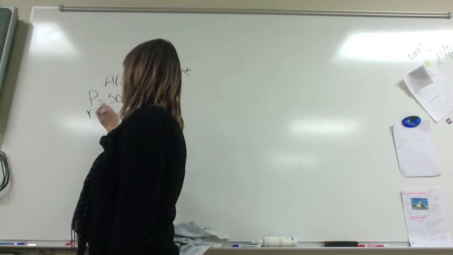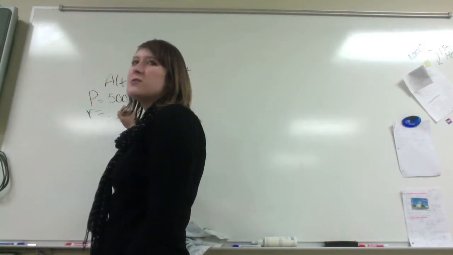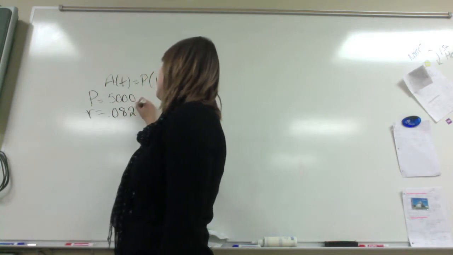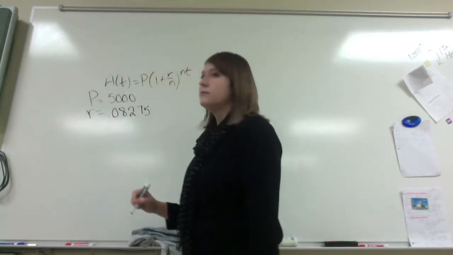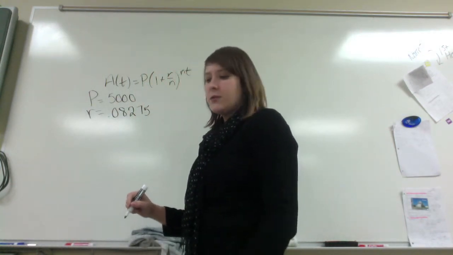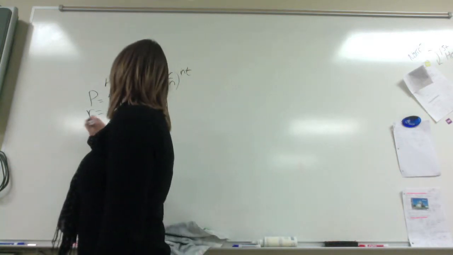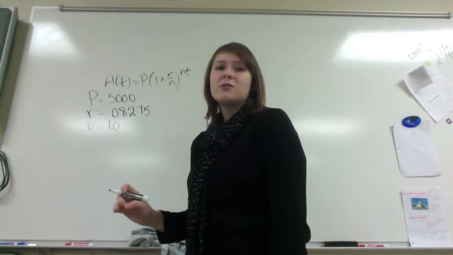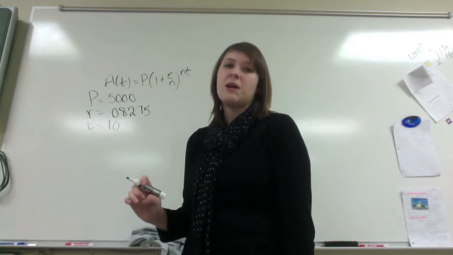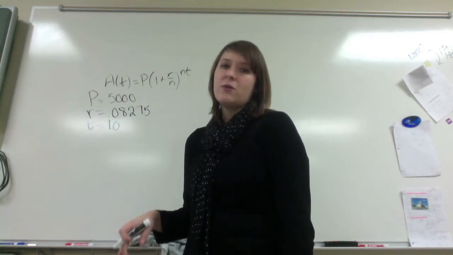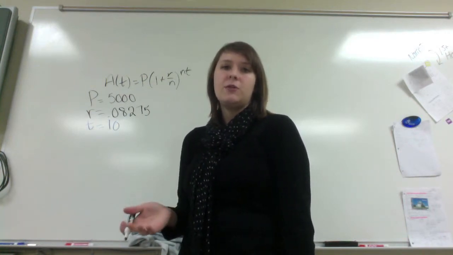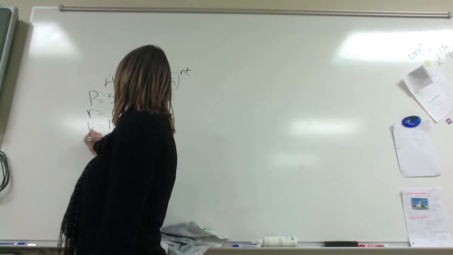R, that's my interest rate, so it's 8.275%, so that's going to be 0.08275. I've also got the number of years, so that's T. T is 10. I also know that with this specific plan, I'm going to be compounding daily. So remember that N is the number of times I compound per year, so daily would be 365.